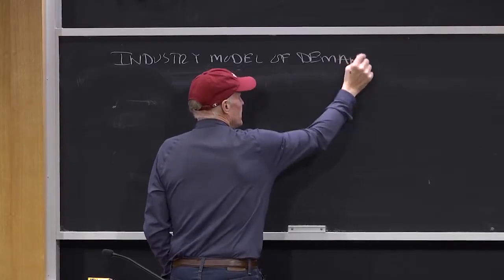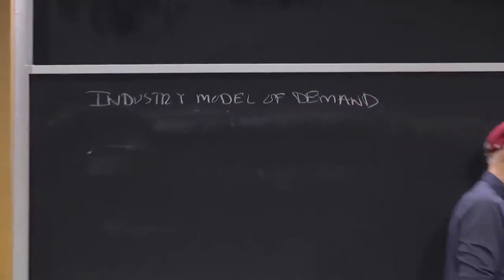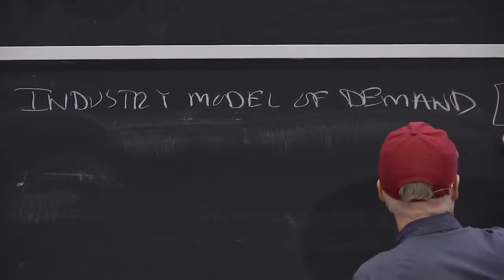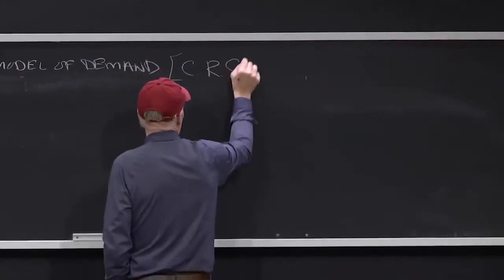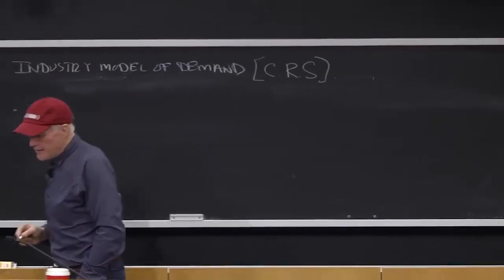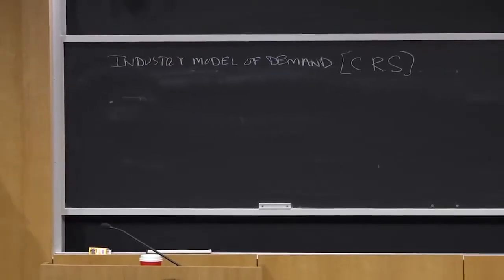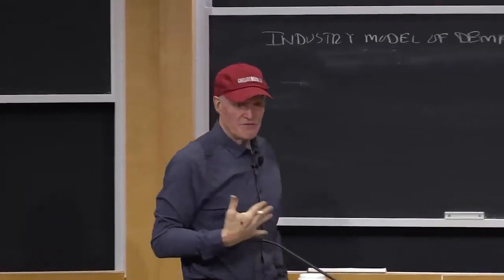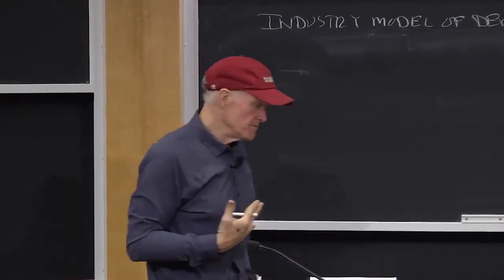In particular, I'm going to focus on a special case of the industry model, which is the constant returns to scale case. And there are two reasons why the industry model is often tied to the assumption of constant returns to scale.